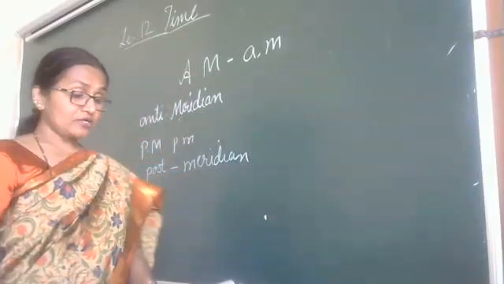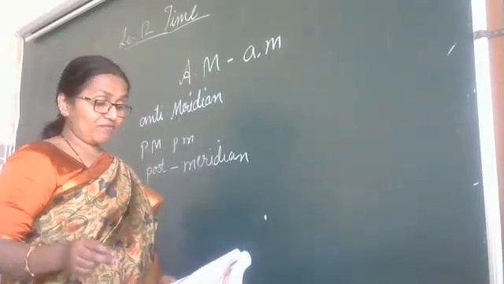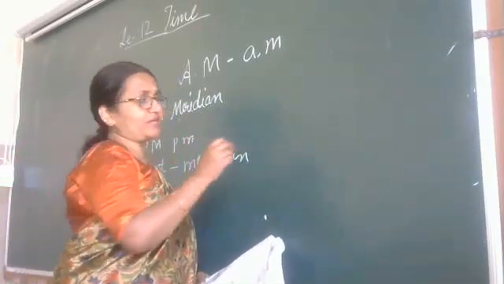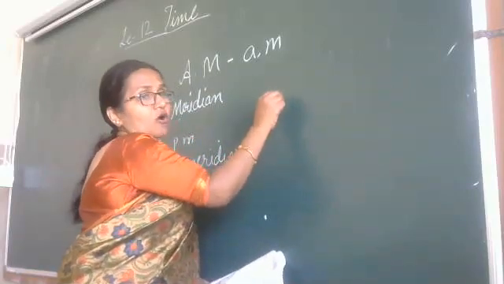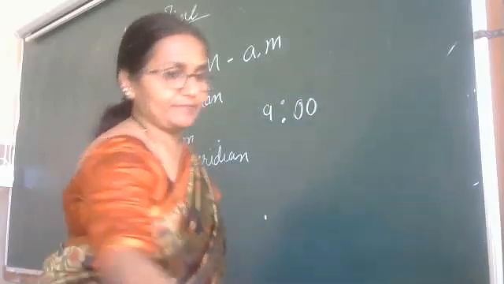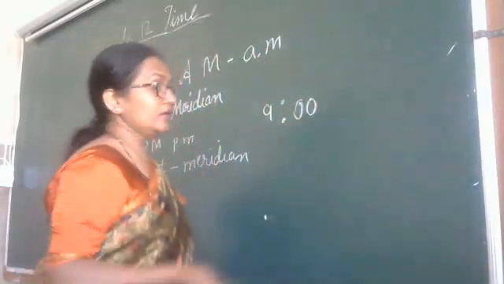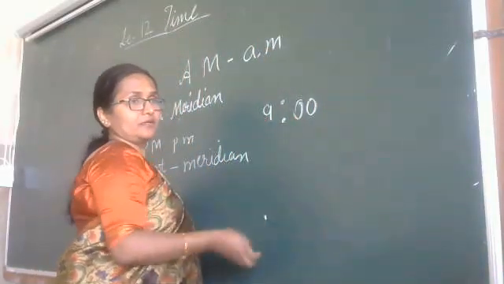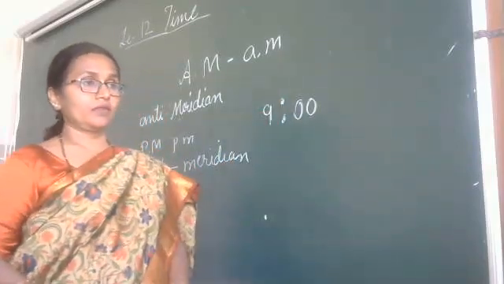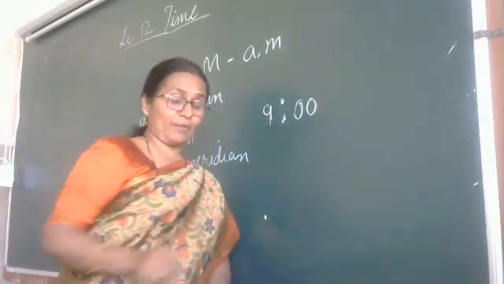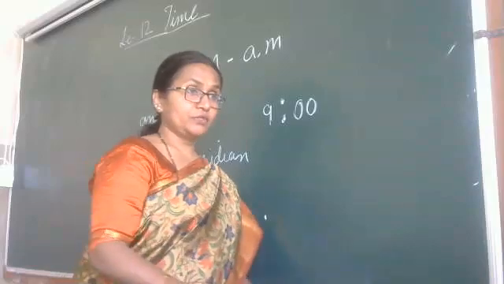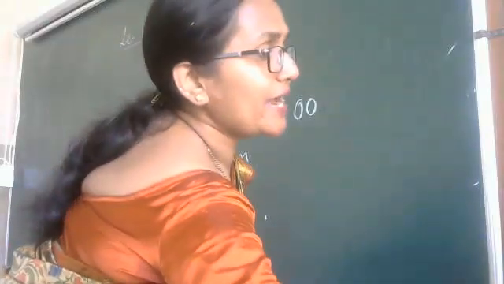Okay. And when we write the time in figures, now 9 o'clock. This is 9 a.m., right? What are the two dots we put called? It is 9 o'clock, I know.